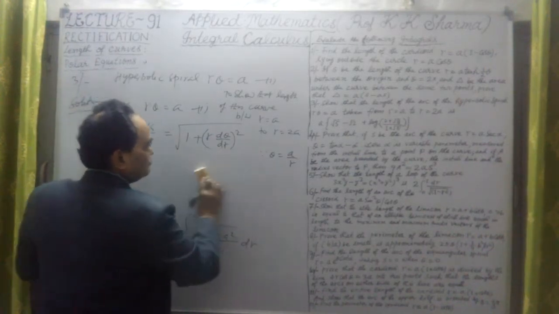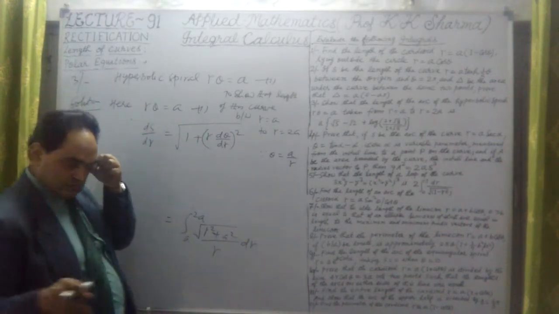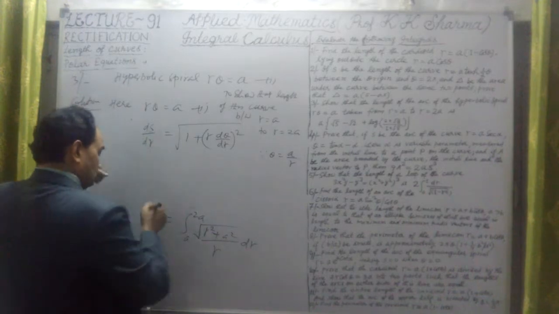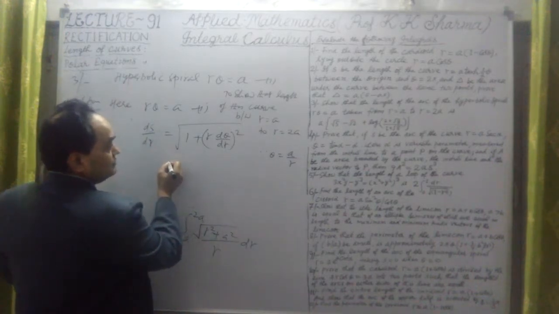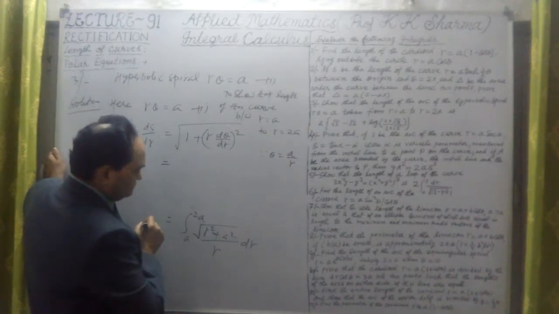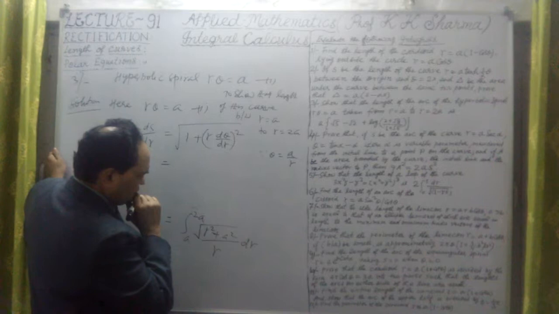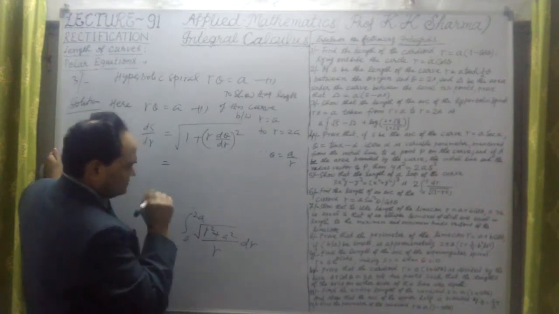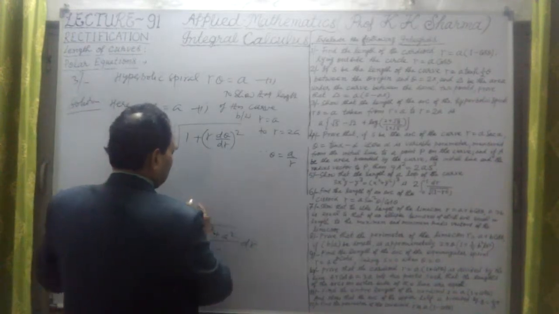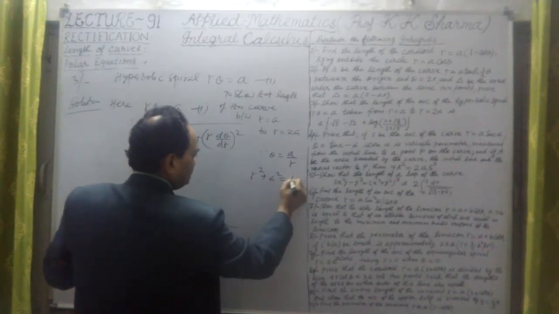Now let me solve it further. So what is the value of this? The limit can also be changed. Let me put r square plus a square equal to t square.